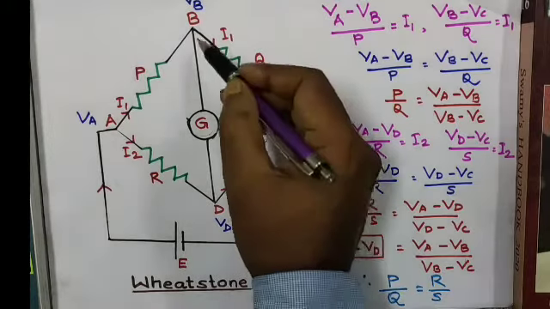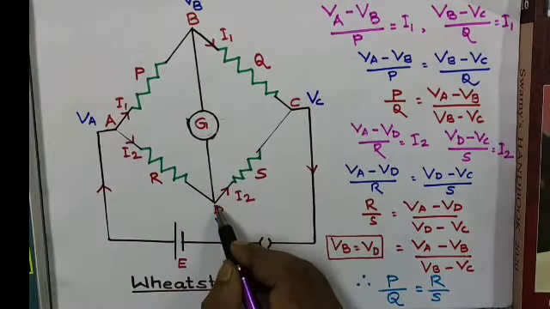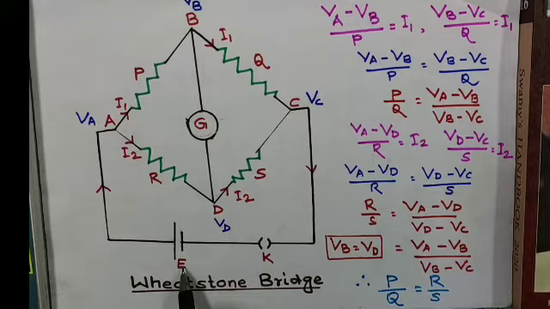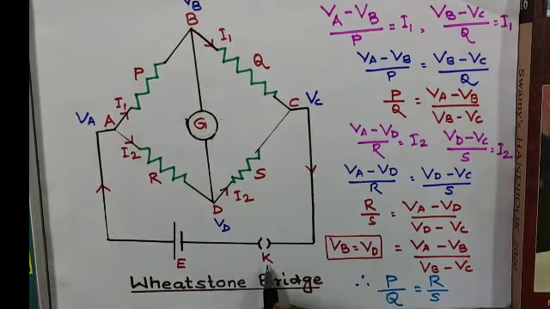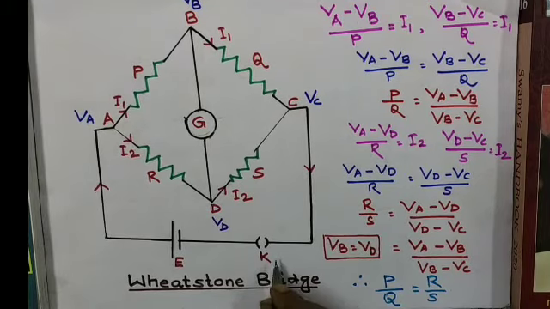Now, one galvanometer has been connected between the points B and D, and one electrical source is fitted between the points A and C through a key, that is called a switch.